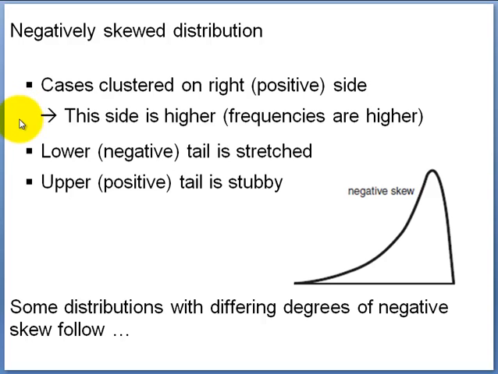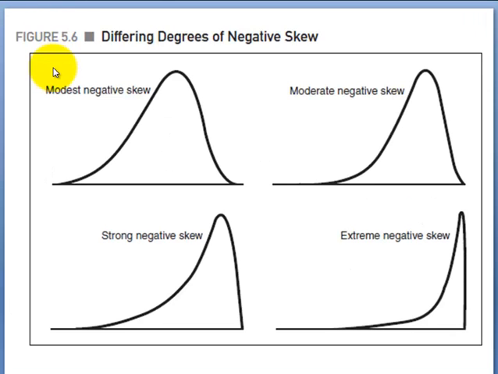In the negatively skewed distribution, it is the left tail, the negative tail, that is elongated, and the upper tail, the positive tail, that is short and stubby. The next slide will show us some distributions with differing degrees of negative skew. And here is that slide.